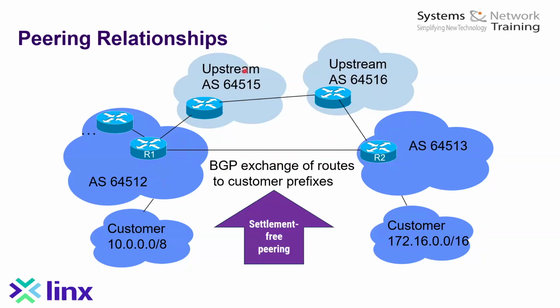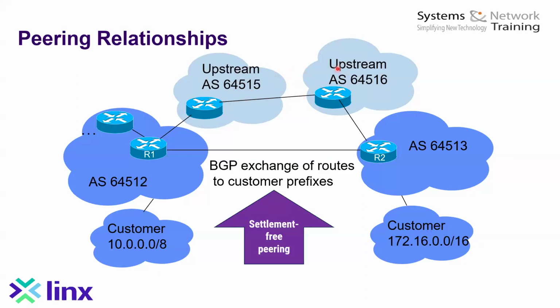Now, worth bearing in mind here that if these are upstream routers in the core of the internet, then they actually don't have any upstream providers themselves. They don't pay anyone, but the big top tier providers, which we'll see in just a second in another picture, they peer with each other.